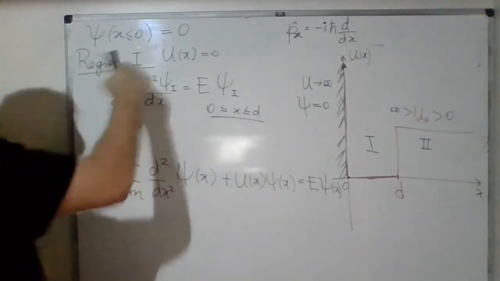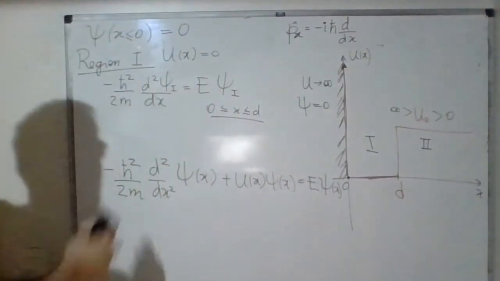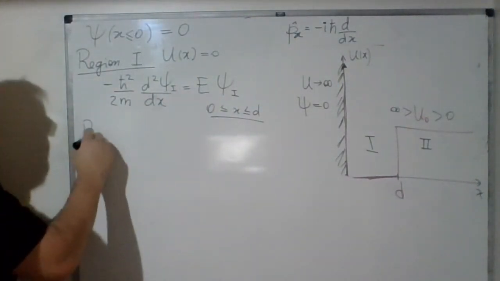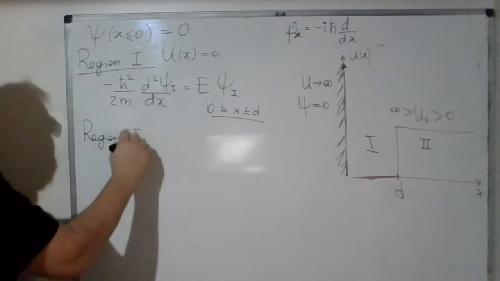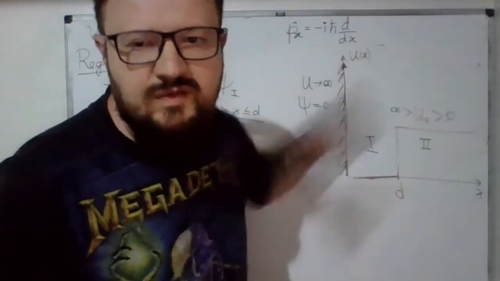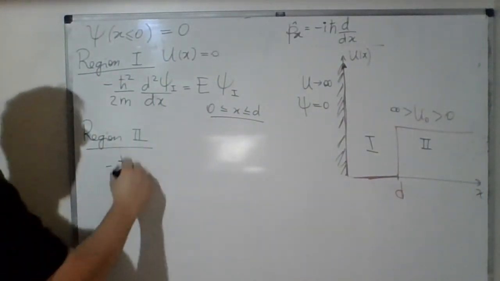All right, in this region the potential is 0. And in the second region, region 2, the potential goes to U0. So the equation can be written the following way.